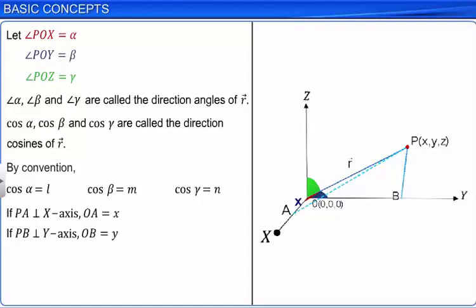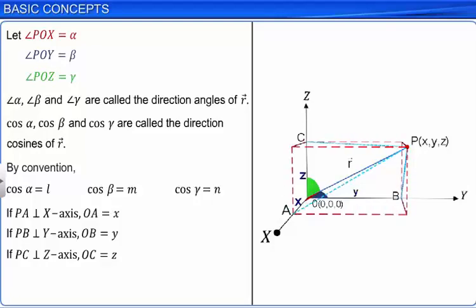Thus, length OB is equal to the y-coordinate of point P. Similarly, let PC be the perpendicular drawn from point P to the z-axis such that length OC is equal to the z-coordinate of point P. Thus, points O and P lie at the opposite vertices of a cuboid with dimensions x, y and z.